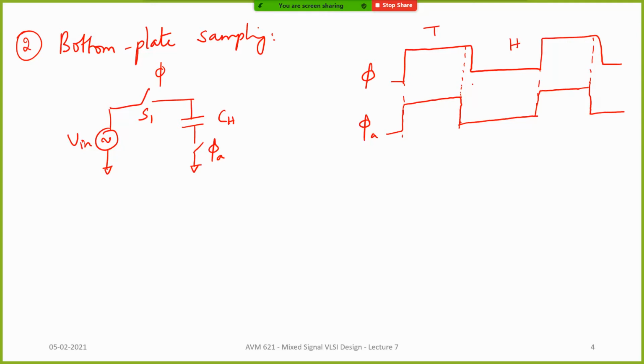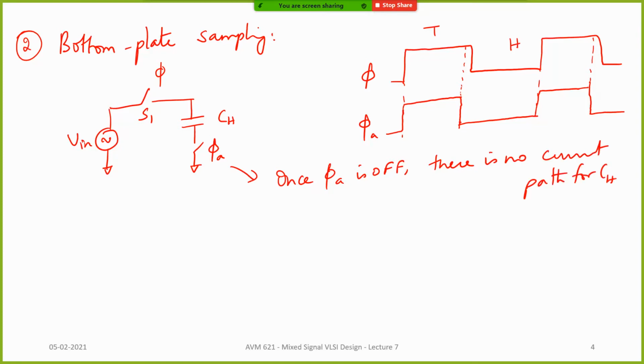So what happens once this switch turns off? There is no current path. So if there is no current path for Ch, now definitely this switch S1 cannot dump any charge onto your capacitor. So all the charge injection will happen to the left hand side, to the source, which we really are not bothered about right now.